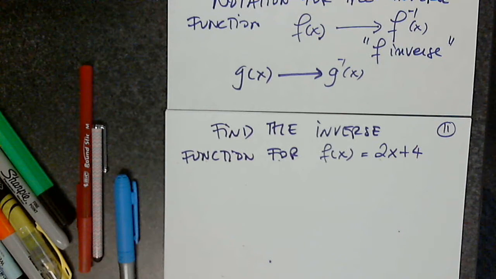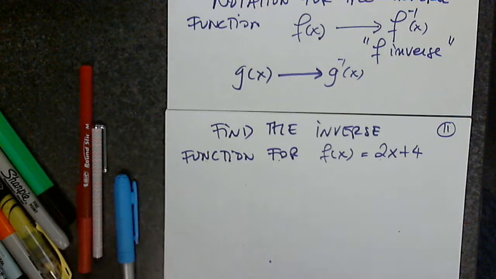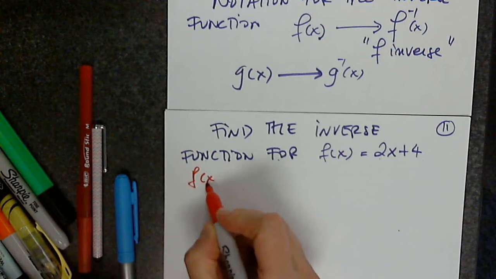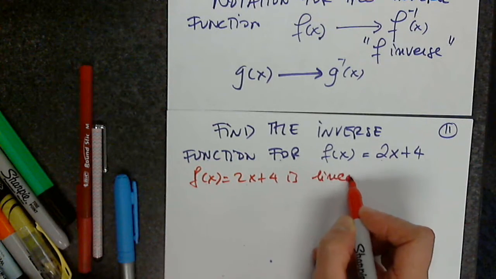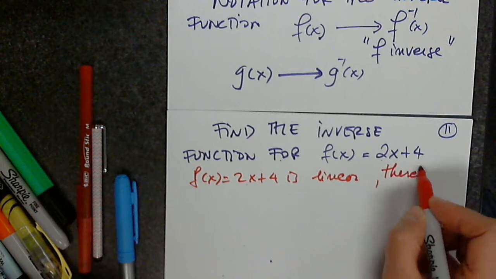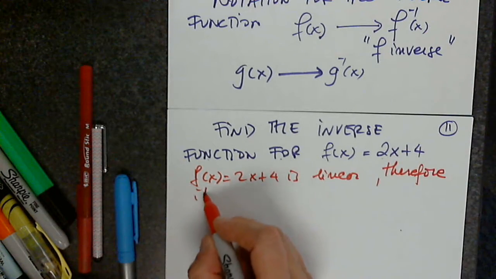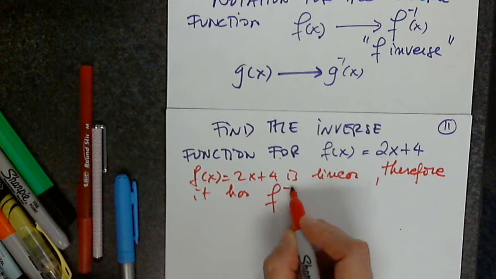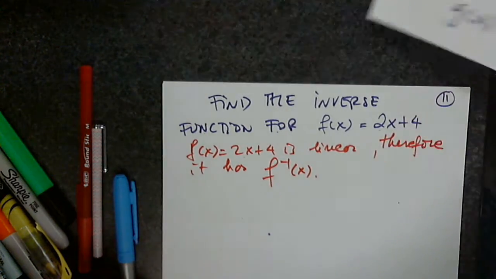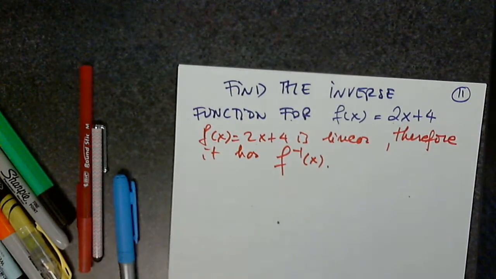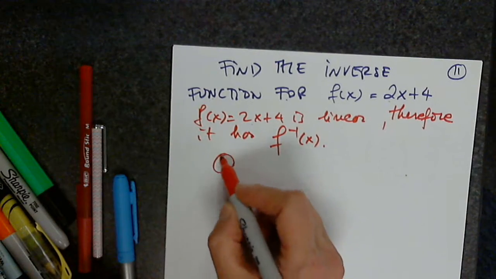It's linear, so it has an inverse. Excellent. The answer is perfect. F of x equals 2x plus 4 is linear. Therefore, it has f inverse. Perfect answer.